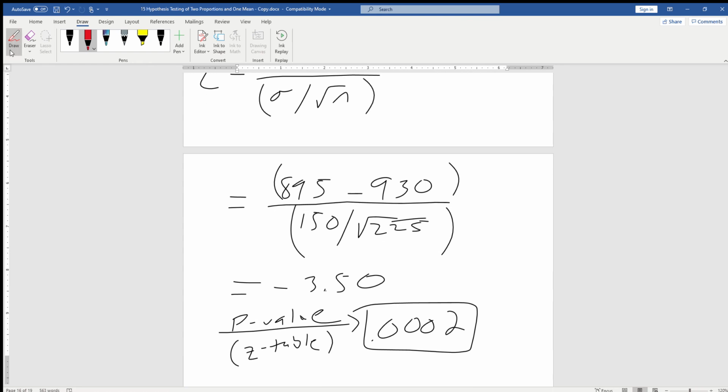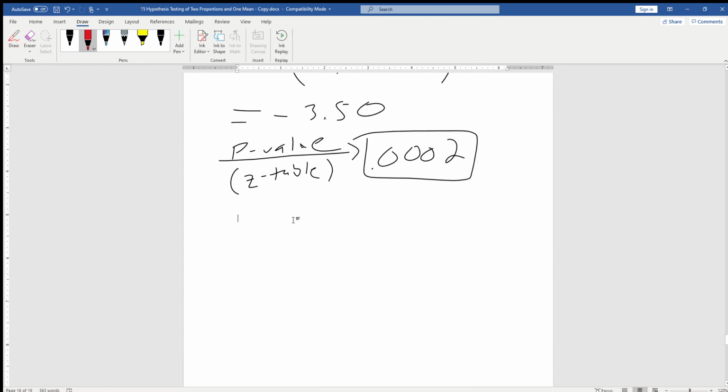All right, so let's type out what our solution means. Since the p-value falls in the reject region, then we reject the null hypothesis.